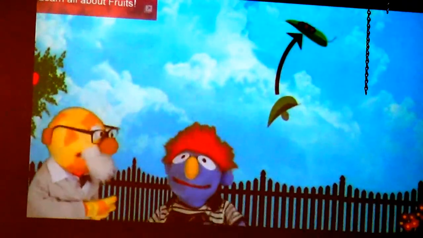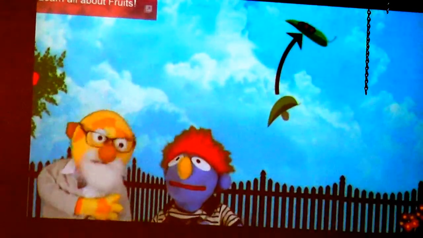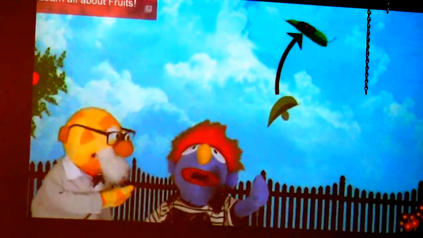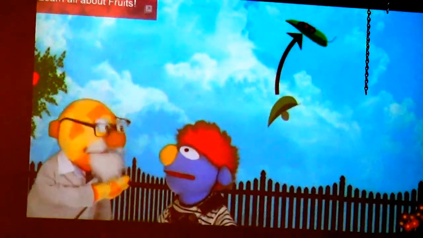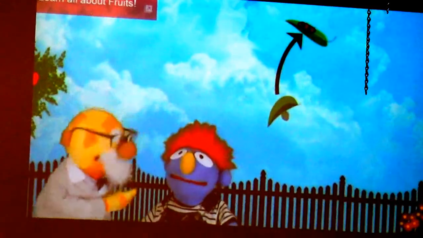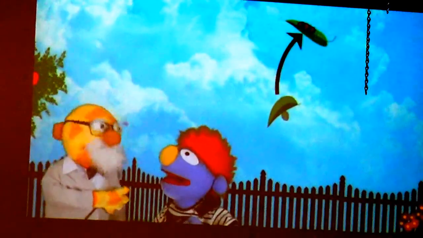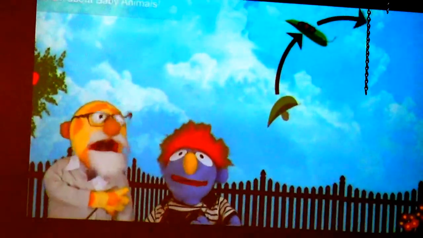No. You see, the caterpillar is what we call the larva stage of the animal. Lava? Like in a volcano when it erupts? No. It's a different kind of larva, and it's spelt differently. L-A-R-V-A. Oh, larva. Then a hard shell forms around the caterpillar, and it turns into a chrysalis.